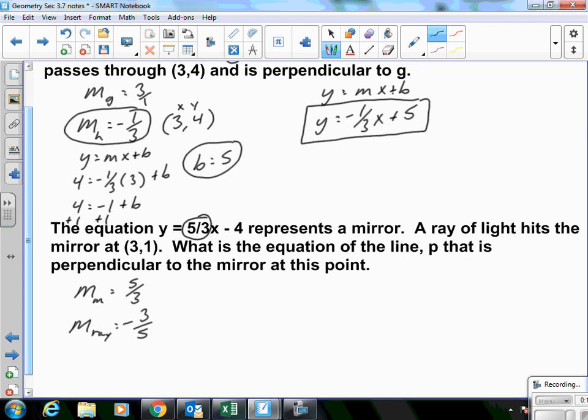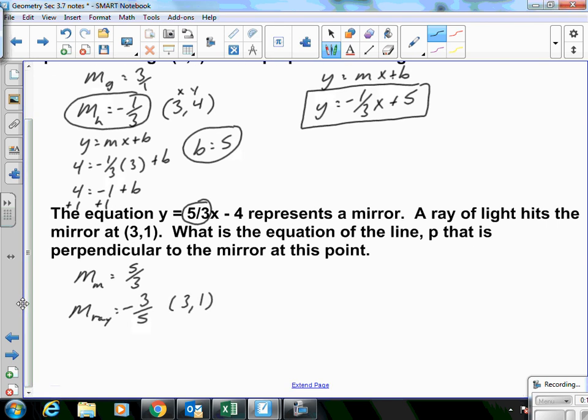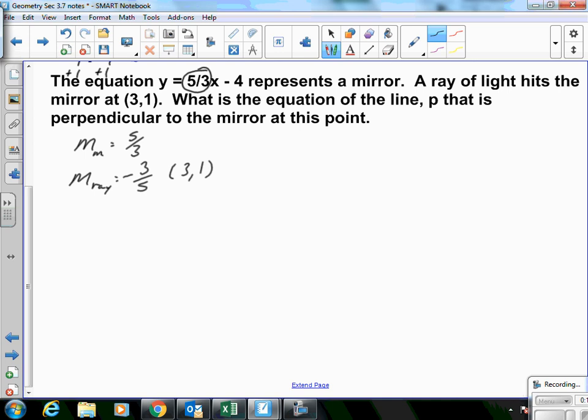And then we've got the point 3, 1. So from here we can plug those into y equals mx plus b. So our y value from that point is 1. Our slope -3/5. Our x value is 3. And then plus b.